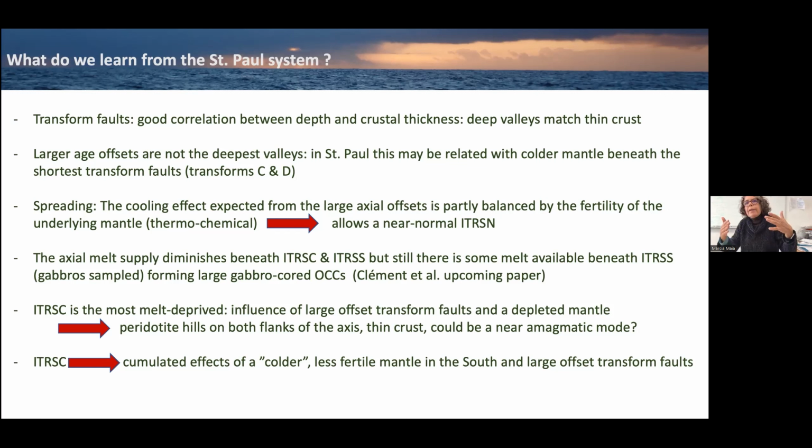This is probably because the cooling edge effect is not as strong for this segment. And in the central segment, which is the most melt deprived, we have the accumulated influence of the large offsets and of depleted mantle. So we have the peridotite hills on both flanks, we have thin crust, and maybe we are nearing an amagmatic mode. Not completely, but we are tending to that. This is probably due to this accumulated effect of transform faults and mantle.